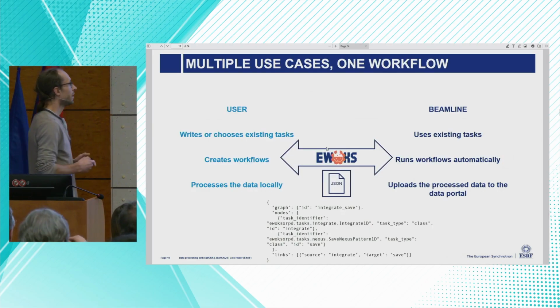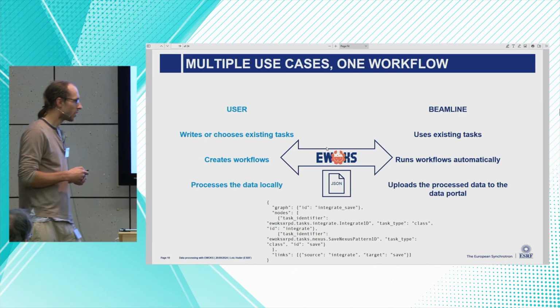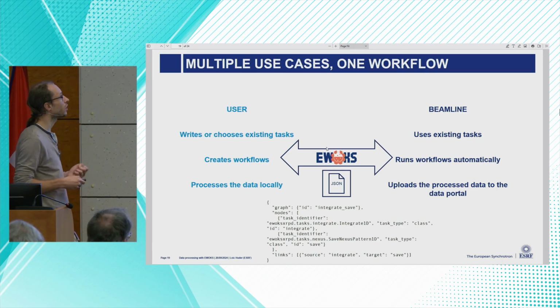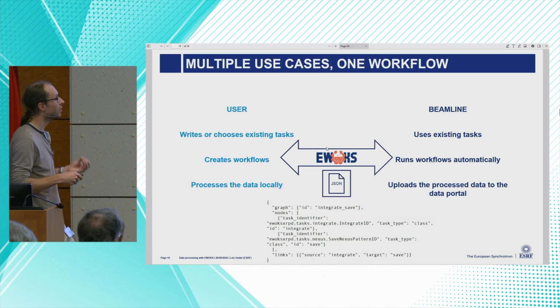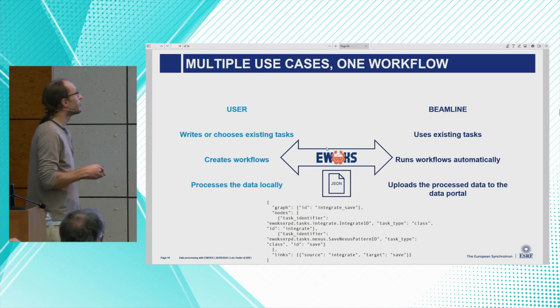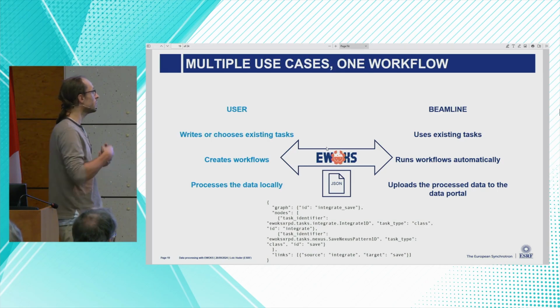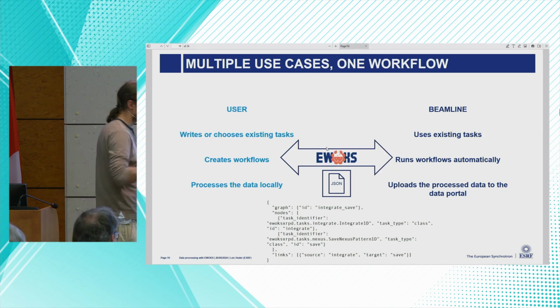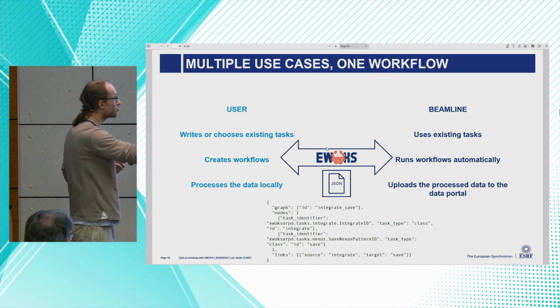And because we have this interoperability, we have multiple use cases, but we can have only one workflow. So for example, the beamline is running one eWorks workflow automatically online, but it can be up to the user to choose the existing tasks that are in the eWorks ecosystem, create workflows, do a JSON out of it, and give it to the beamline scientist telling, now I want to execute this workflow instead.